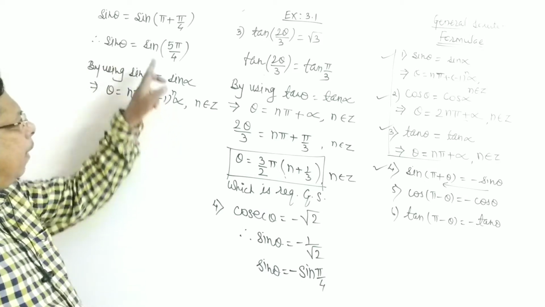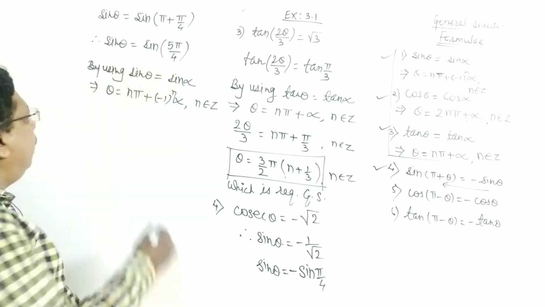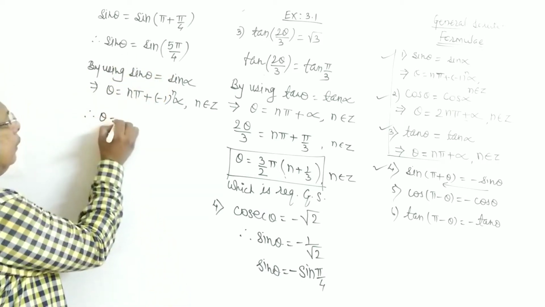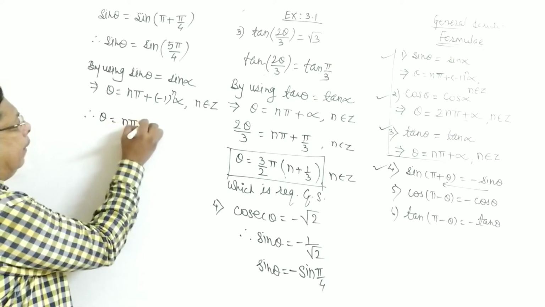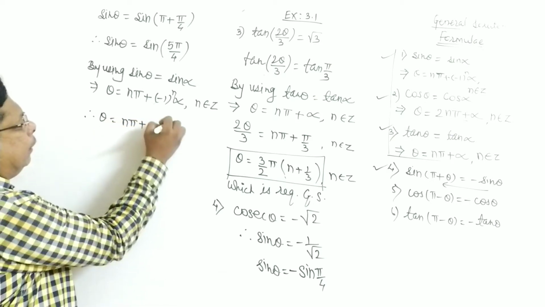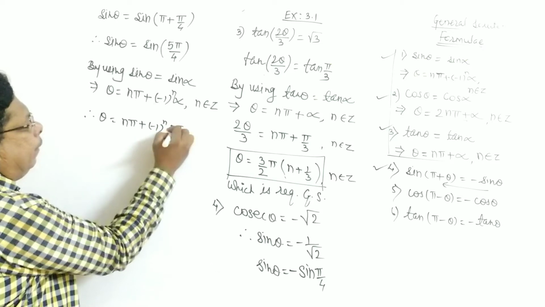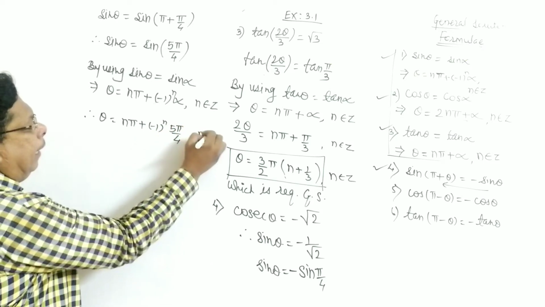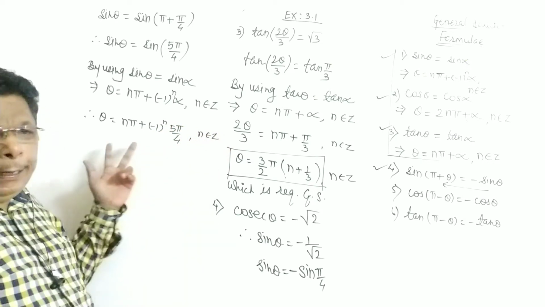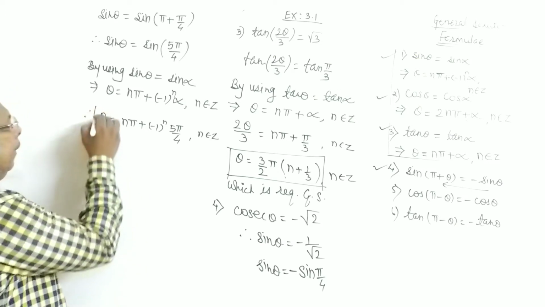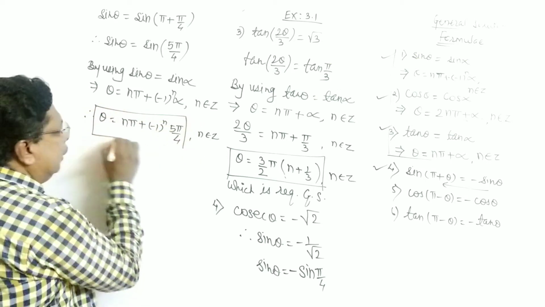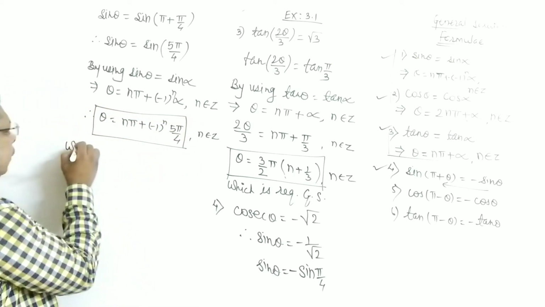Theta is theta. What is alpha? Alpha is 5 pi upon 4. Therefore, theta is equal to n pi plus minus 1 raised to n into 5 pi upon 4, n belongs to Z. We can take pi common, otherwise keep as it is.